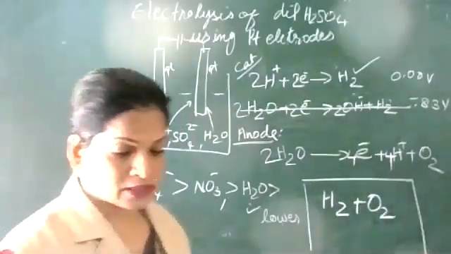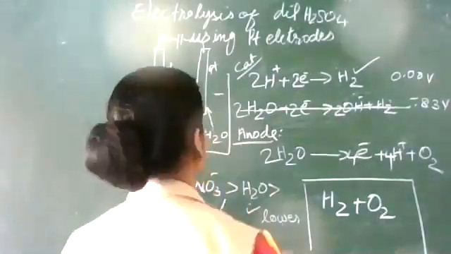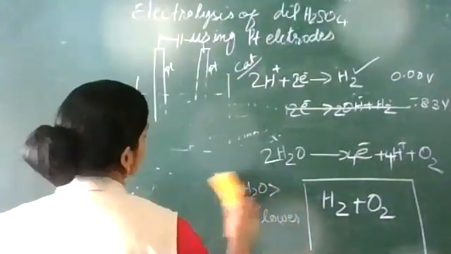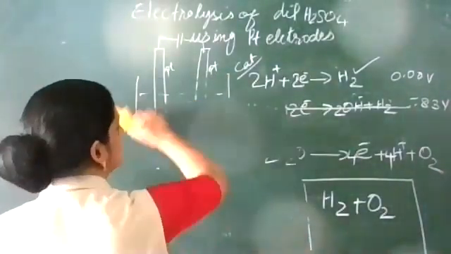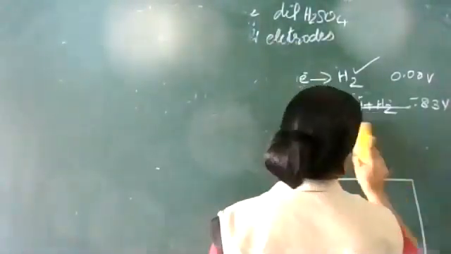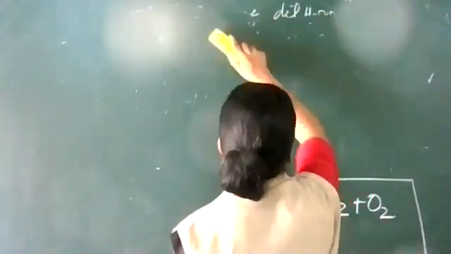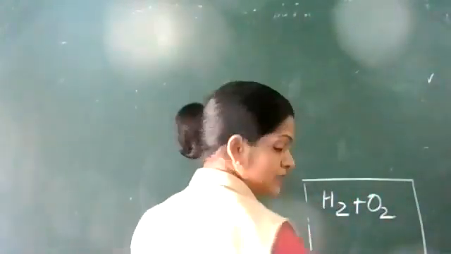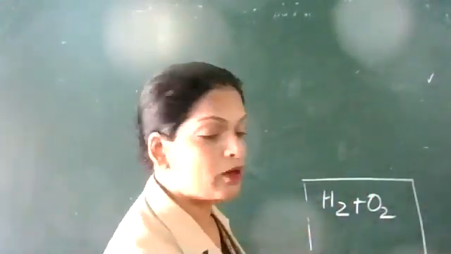Okay, next is with attackable electrodes. In the case of attackable electrodes, the anode will undergo oxidation and it will get dissolved.